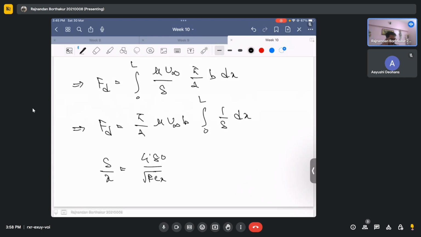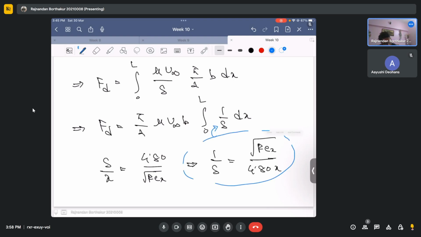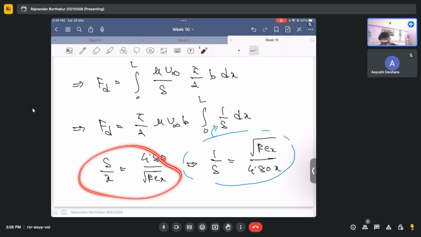So you can write 1 by delta as square root of Rex by 4.80x, if I'm not wrong. And then you need to substitute this into this. How did we get this? This is from part 1.